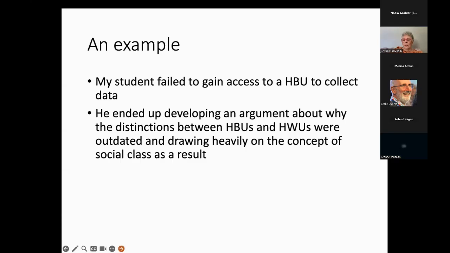And in order to make that argument, he drew heavily on the concept of social class. So you do have some universities which are more prestigious than others. If you look at the University of Cape Town, for example, University of Pretoria, the people who get access to those universities are mostly people from so-called good schools, educated middle-class homes.